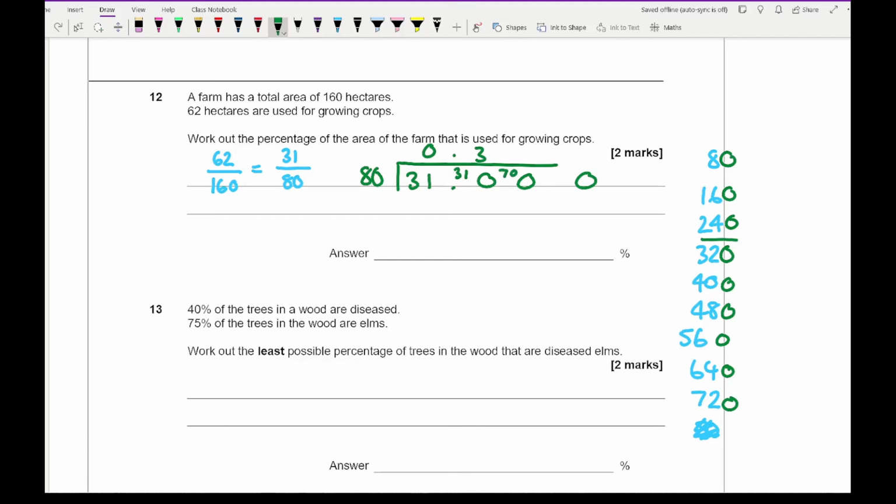And then how many go from there? So it's to 700, and that's going to be 8 with a remainder of 60. And then looking at this, we've got 60, and that's going to be 1, 2, 3, 4, 5, 6, 7, with a remainder of 40, and then that's a 5. So it's 0.3875, so it's going to be 38.75%.